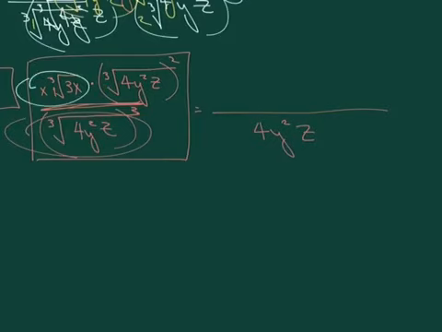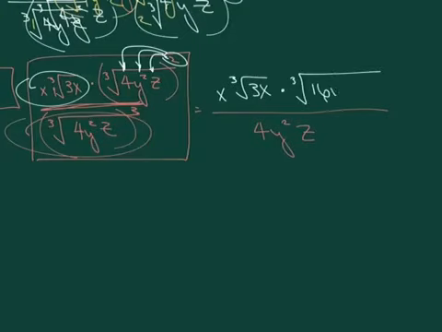Alright, so we're going to write that the way it is. Let's just do one bit at a time. So what does this squared mean? It means I square everything in here. So times the cubed root, 4 squared is 16, y squared squared is y to the 4th, and z squared. Okay, now let's multiply that.